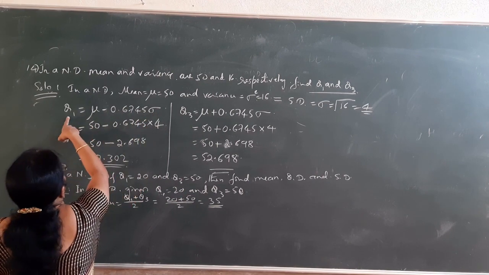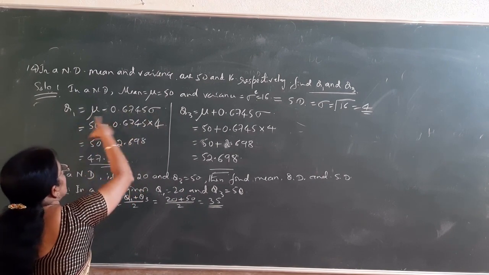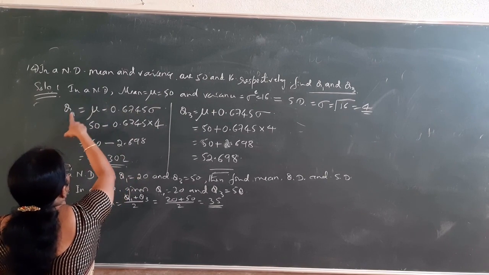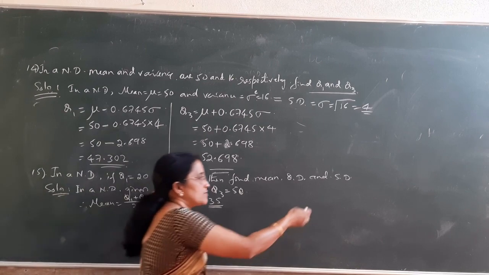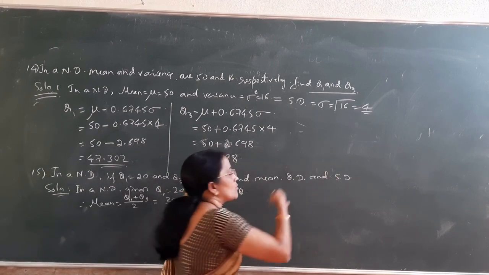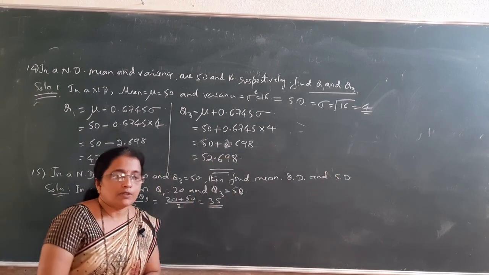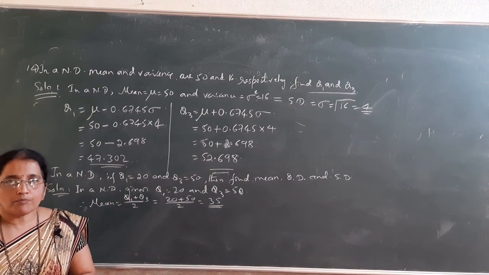Sigma is unknown but Q1 is known. So by substituting the values of Q1 and mu, we can find sigma. After that quartile deviation can be calculated with the help of 2 by 3 sigma. This is one procedure.